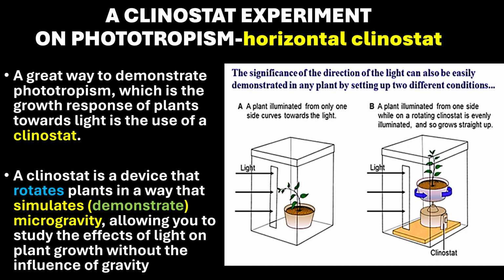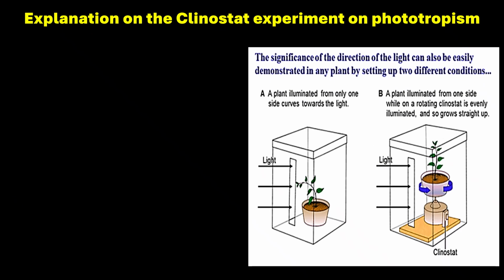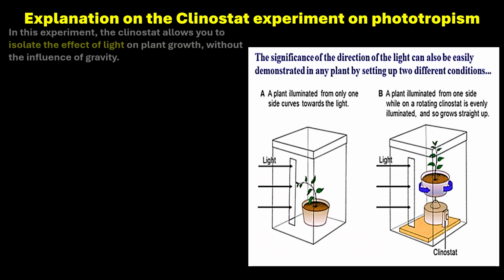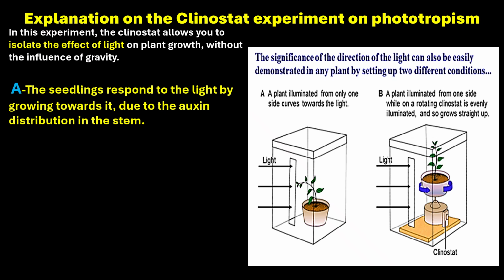This allows you to study the effects of light on plant growth without the influence of gravity. Now, what happened? Let's look at the explanation. In this experiment, the clinostat allows you to isolate the effect of light on plant growth without the influence of gravity. So here, gravity will not play any role.